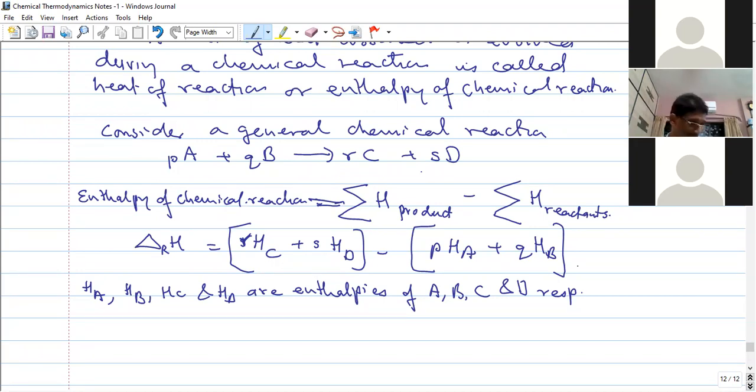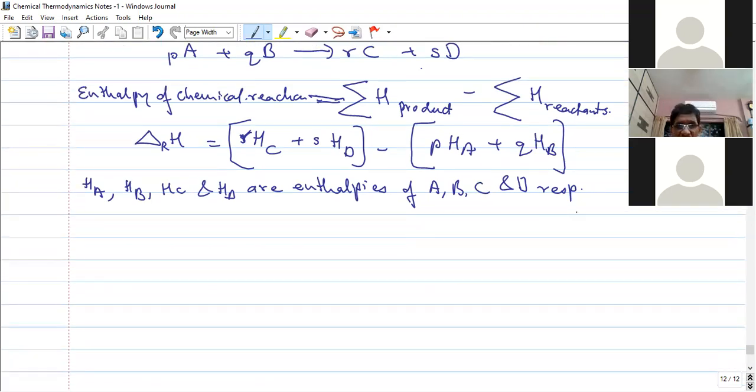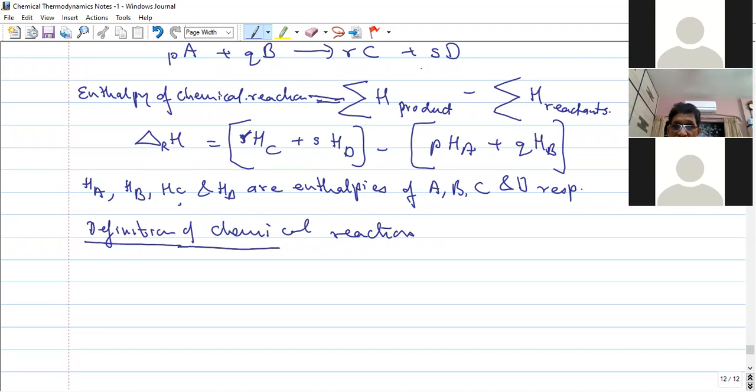Okay, so we have to define now the definition of enthalpy of chemical reaction. अभी कैसे डिफाइन करें?